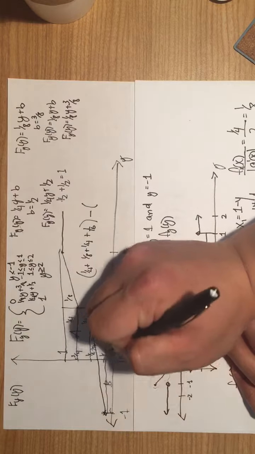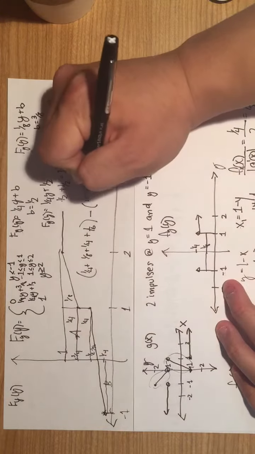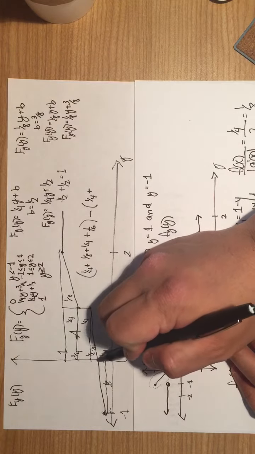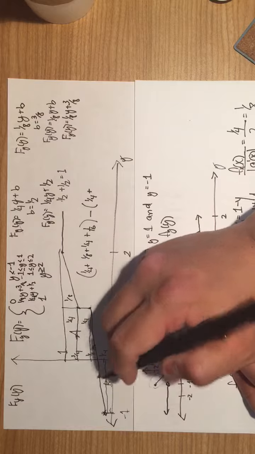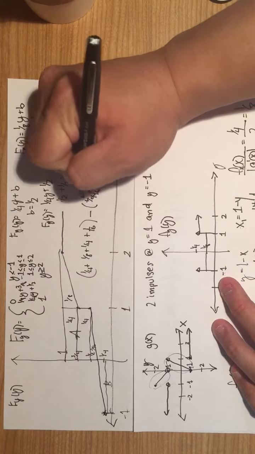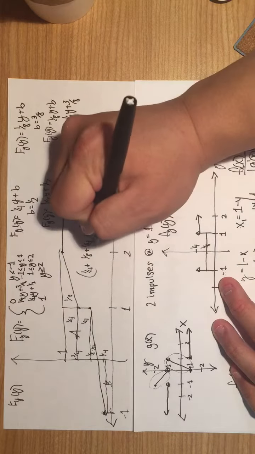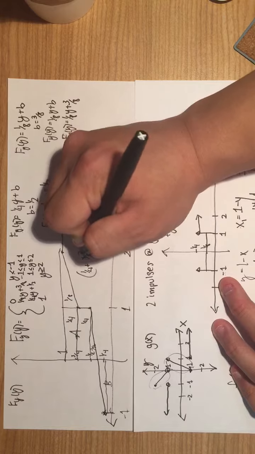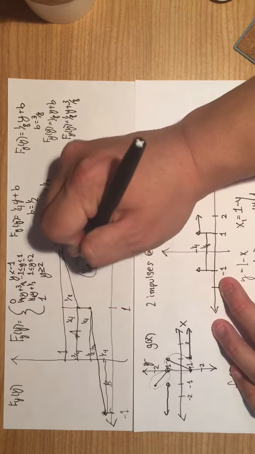So you subtract this area by this area. This equals 1/4 times 1, which is 1/4, plus 1/8, don't forget, because this is 3/8, and 1/8 times 1 divided by 2 is 1/16. Put it over a common denominator. 1/4 turns into 4/16, 1/8 turns into 2/16, 1/4 turns into 4/16.